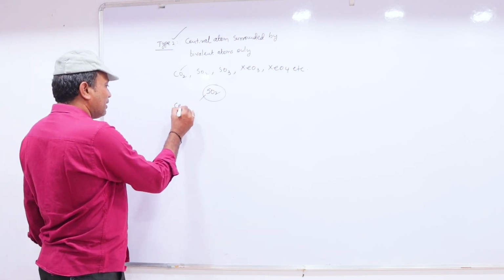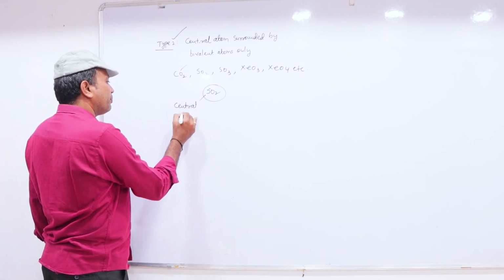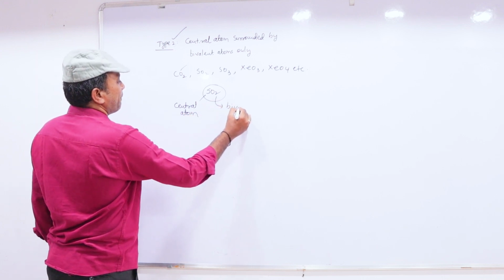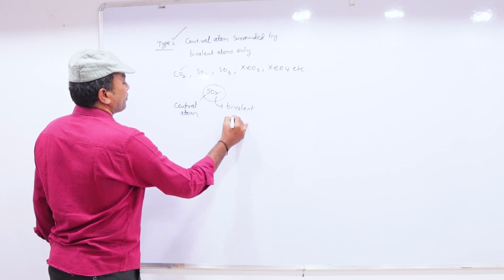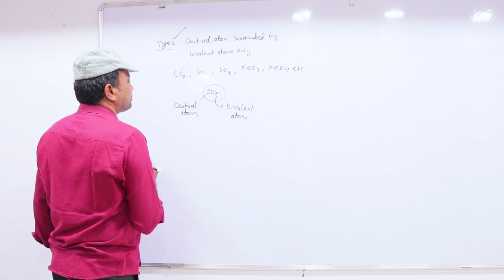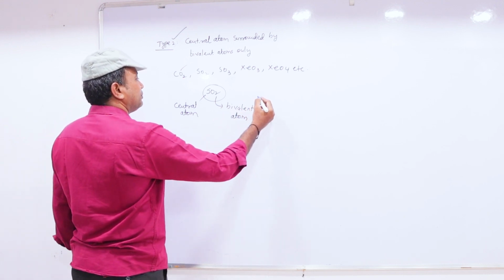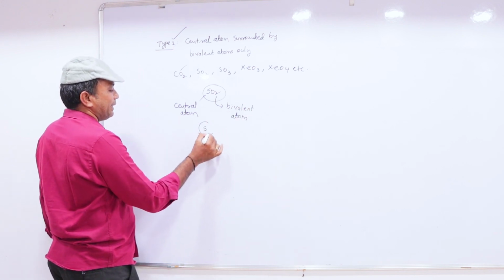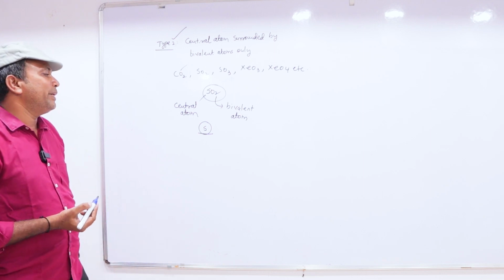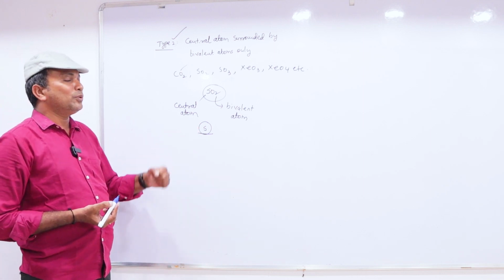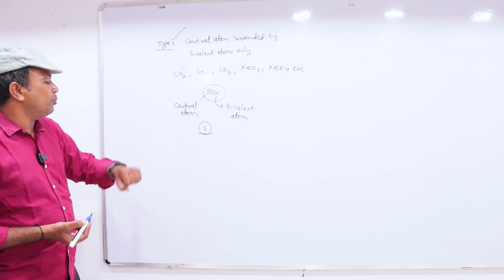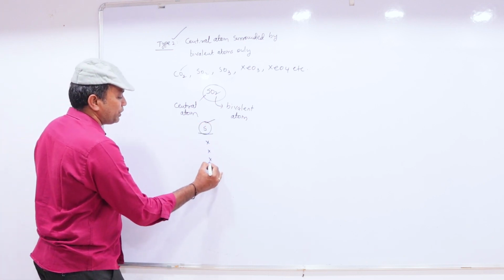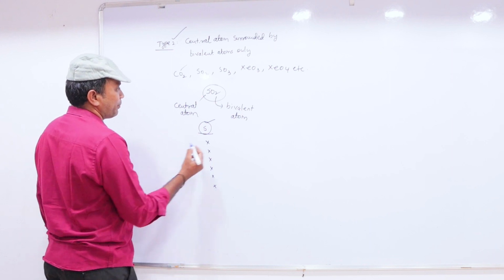Here, S is the central atom and oxygen is a bivalent atom. Sulfur is a 16th group element, with valence electrons 1, 2, 3, 4, 5, 6.